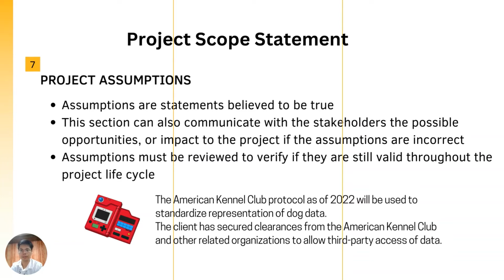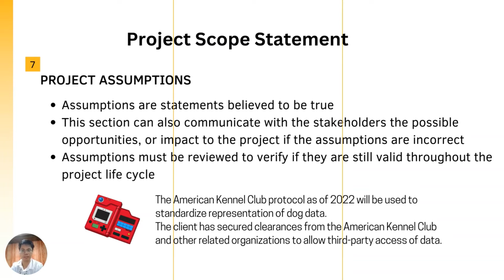This section, in a nutshell, provides a formal way to communicate assumptions, and in a way describe how the project will be impacted if these become false. Thus, these assumptions must be regularly reviewed as the project progresses to check if they are still valid. For our DoggyDex project, there are also two assumptions identified.